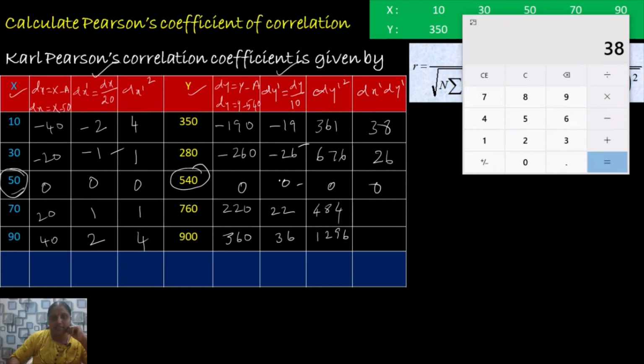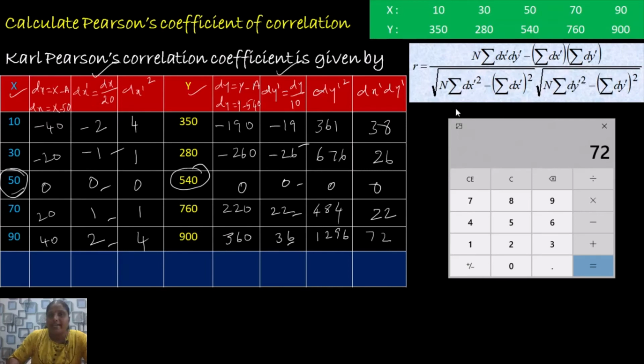Next, 0 multiplied with 0 is 0, and 1 times 22 is 22 itself, and 2 multiplied with 36 you get 72. So now we get all the values.